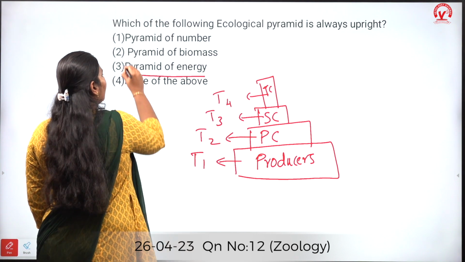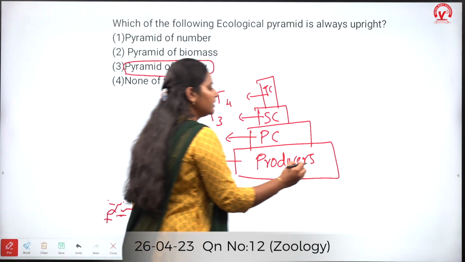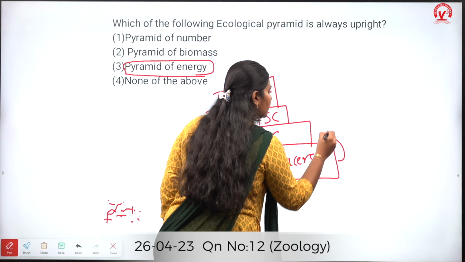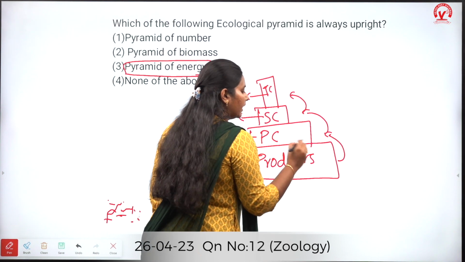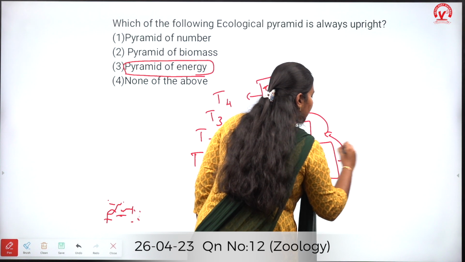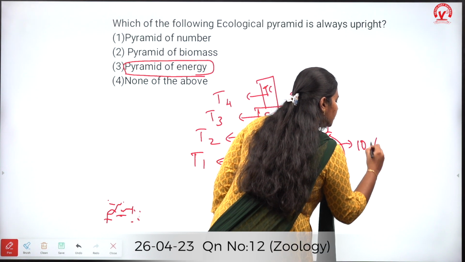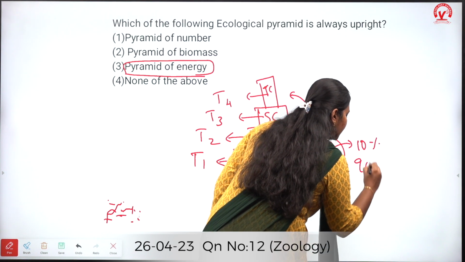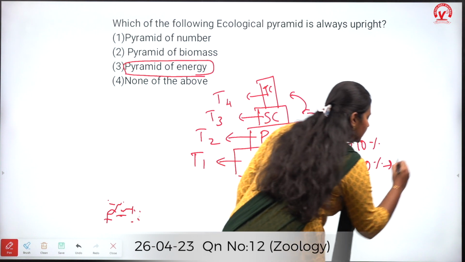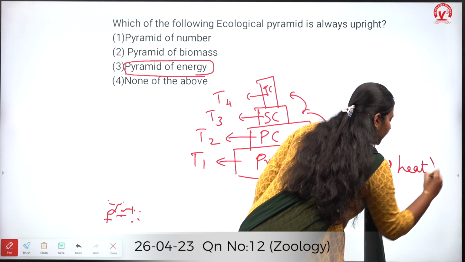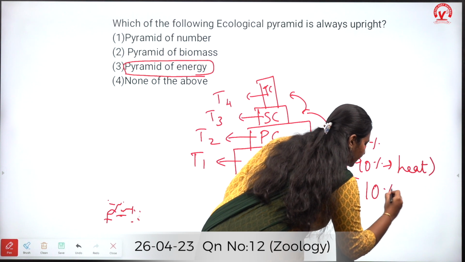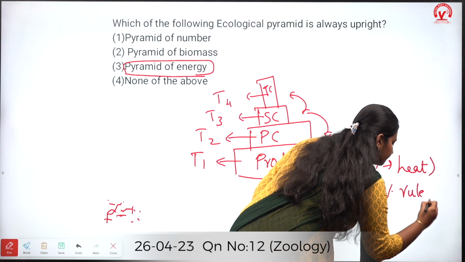In the pyramid of energy, energy moves from one trophic level to another, and at each trophic level only 10% of energy moves on, and the other 90% of energy is lost in the form of heat. It is called the 10% rule.